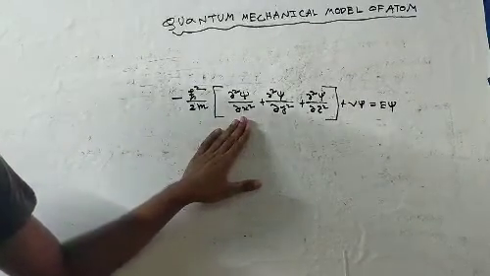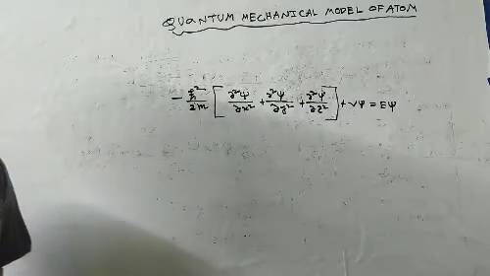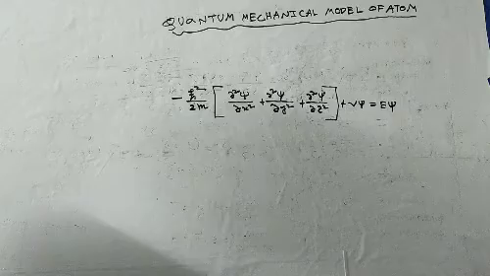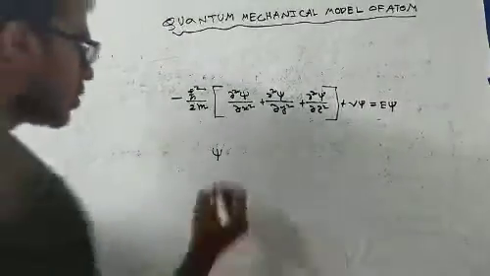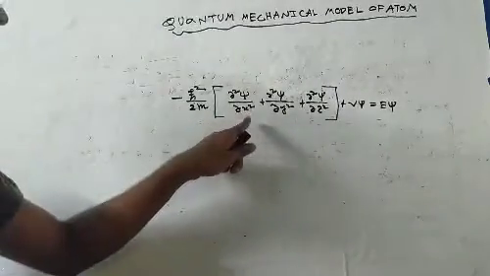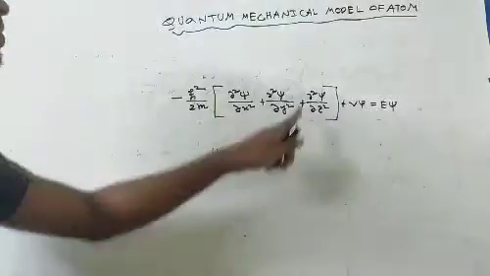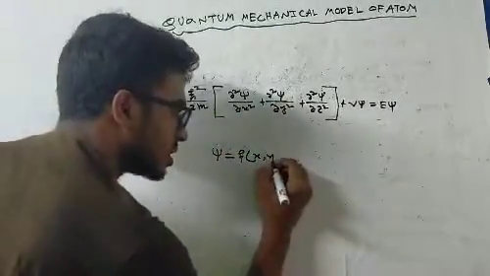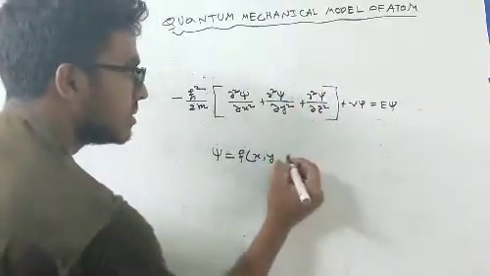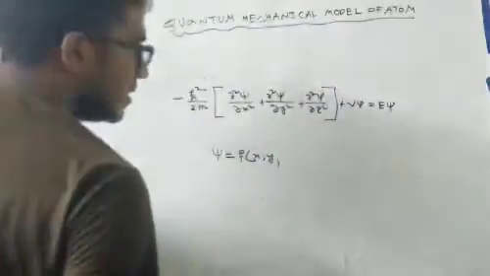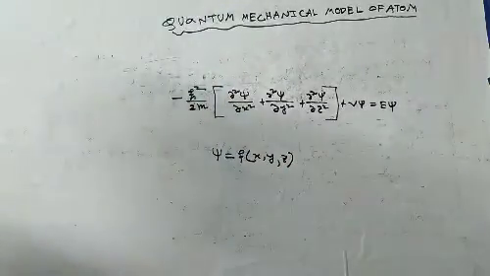If we look at this equation, this is a differential equation, so the solution of this equation should be an equation, and as we are doing the derivative on psi, our solution will come out as psi equals f of x. I am doing the derivative with respect to y, so the solution should be a function of x, y, and since I am again doing the derivative with respect to z, the solution should come out like that.